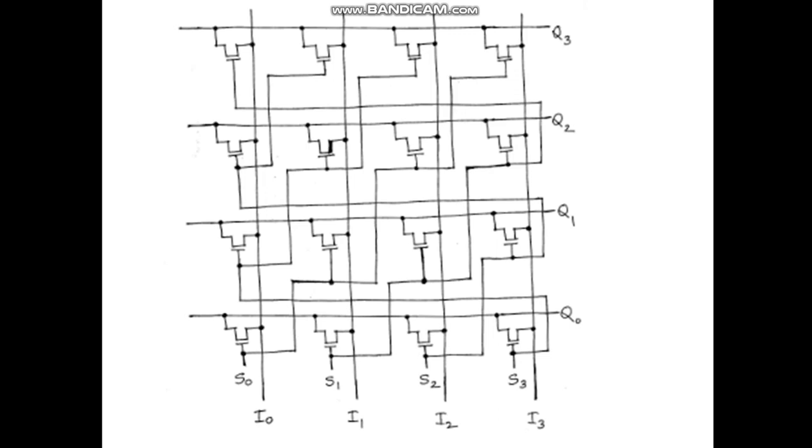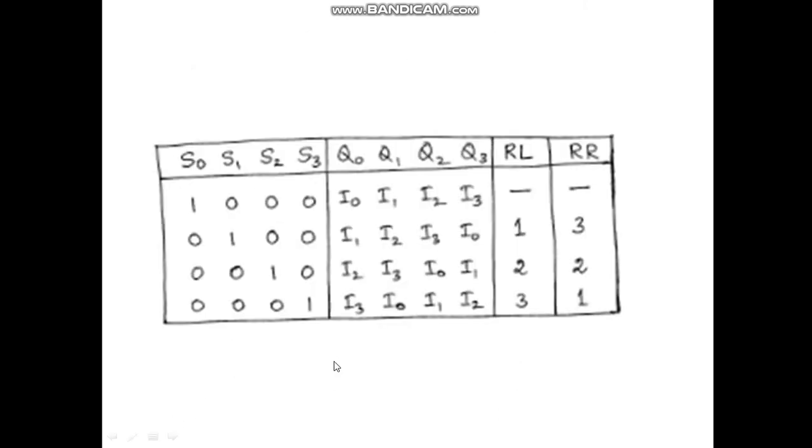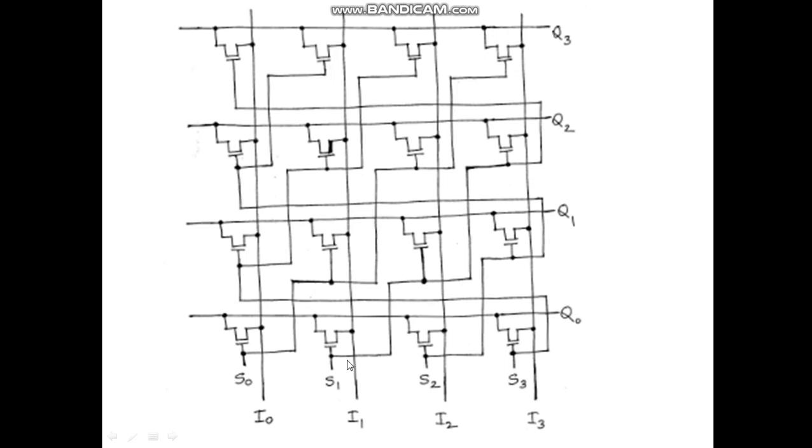In the previous case, 16 control input lines were used, whereas in this case just 4 control lines are used. So S0, S1, S2, S3 represent the 4 control line inputs, I0, I1, I2, I3 are the 4 inputs, and Q0, Q1, Q2, Q3 are the 4 outputs.